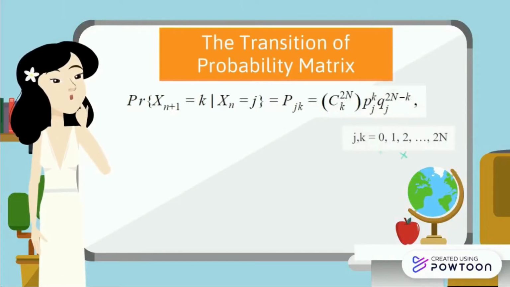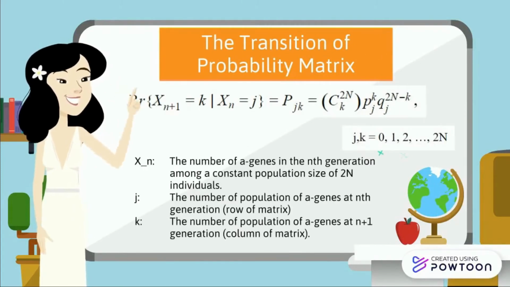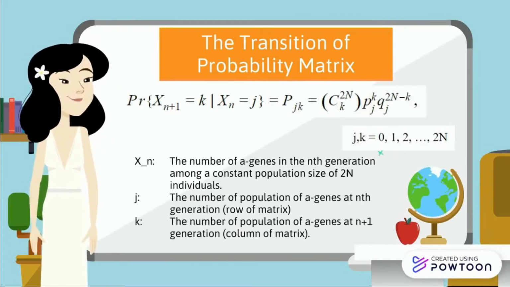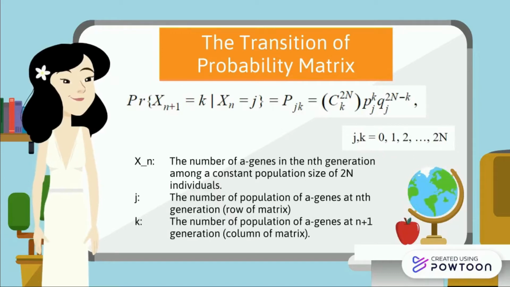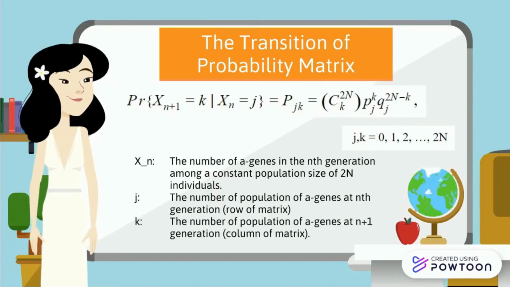The transition probability matrix is computed according to the binomial distribution as in this equation, where Sn is the number of small a genes in the nth generation among a constant population size of 2n individuals. j is the number of small a genes at generation n, which is the row, and k is the number of small a genes at generation n plus 1, which is the column.